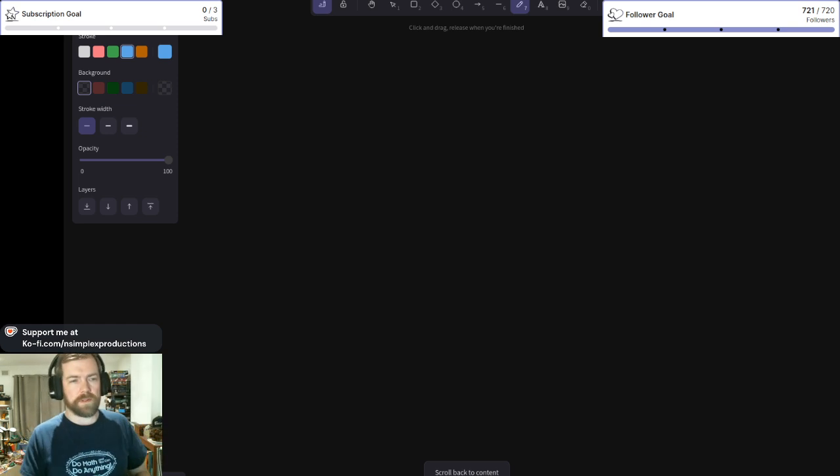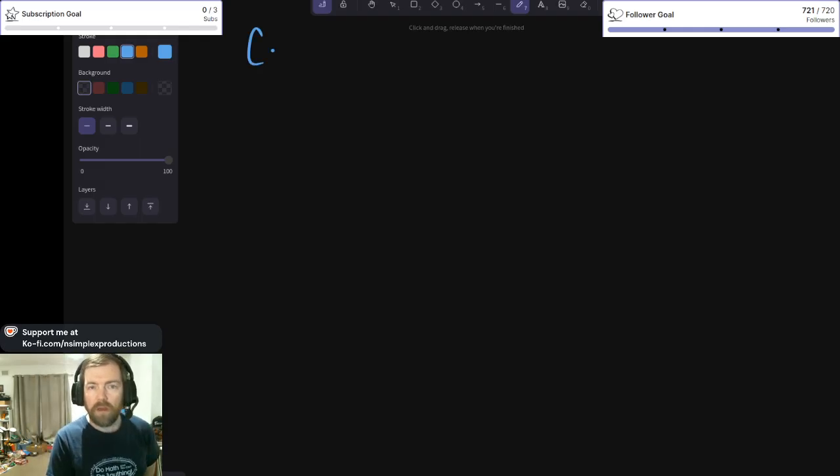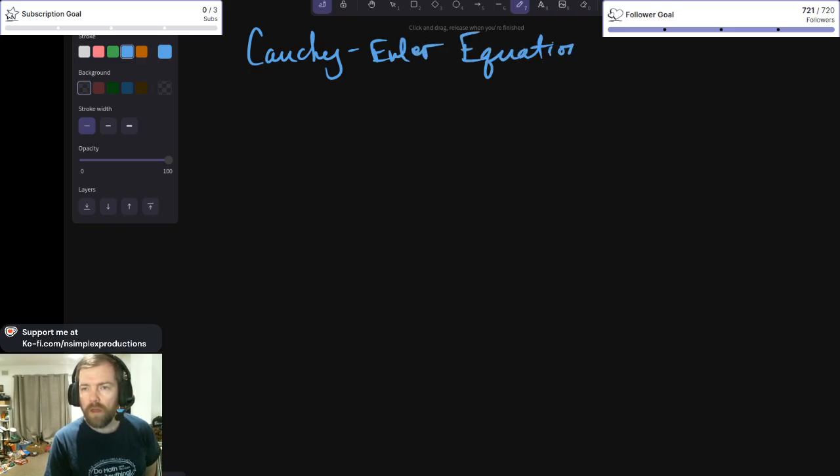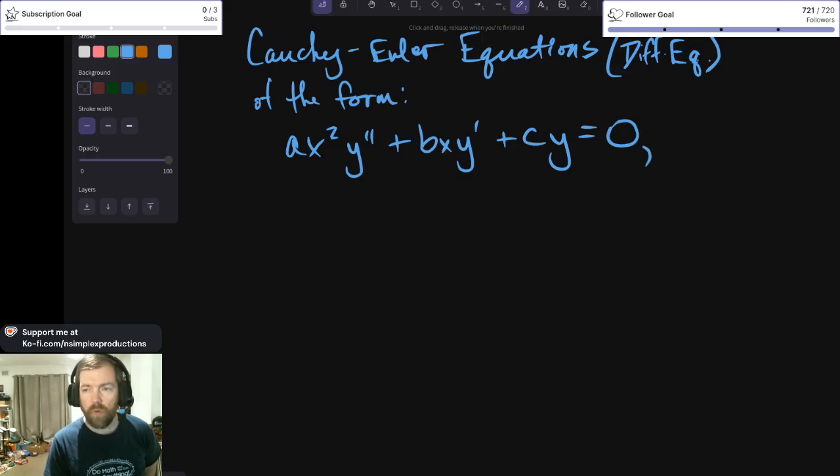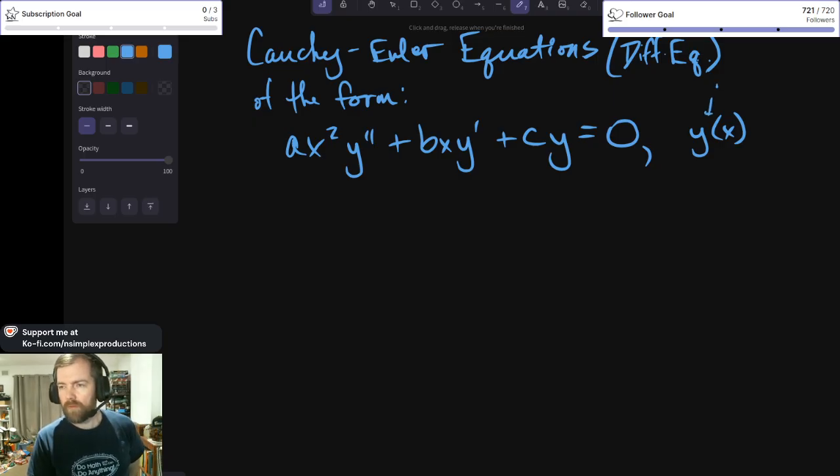So for anybody who doesn't know what this is yet, the Cauchy-Euler equations within differential equations are of the form a x squared y double prime plus b x y prime plus c y equals 0, where y is a function of x, y equals y of x.